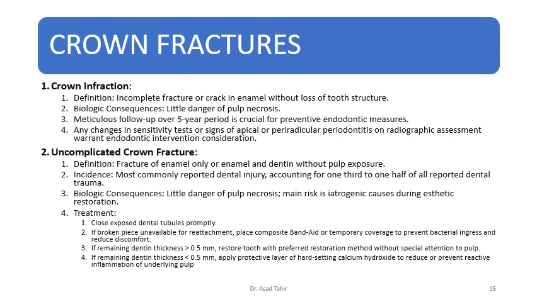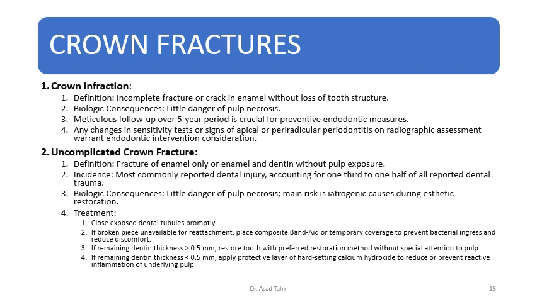Uncomplicated crown fracture. Definition: fracture of enamel only, or enamel and dentin, without pulp exposure. Incidence: the most commonly reported dental injury, accounting for 1/2 of all reported dental trauma. Biologic consequences: little danger of pulp necrosis; the main risk is iatrogenic causes during aesthetic restoration.